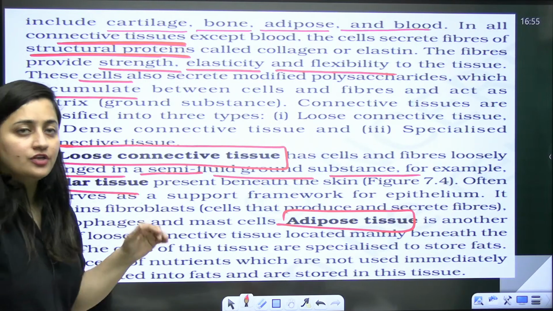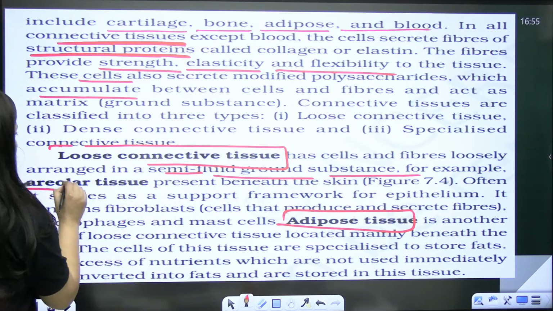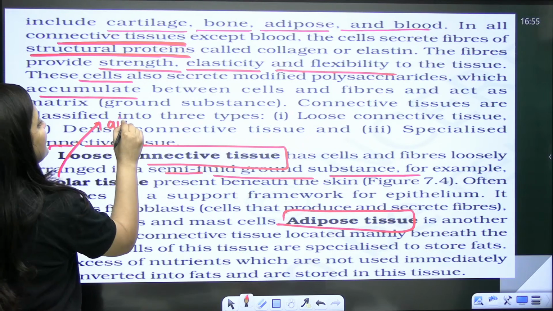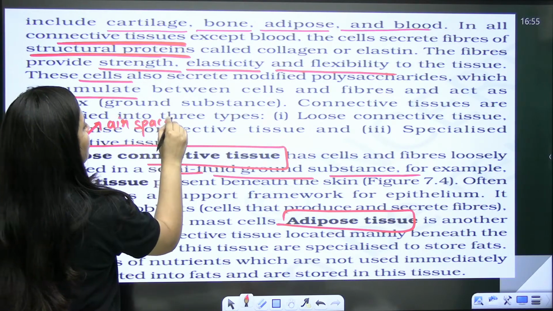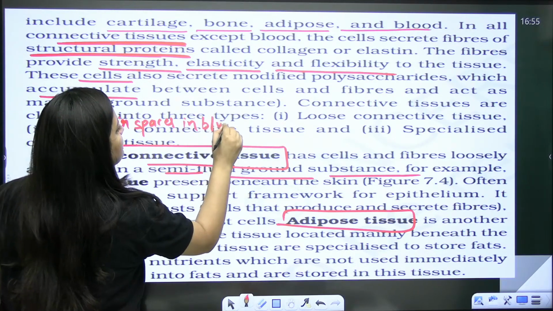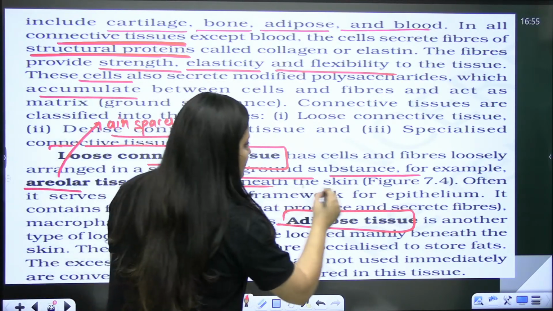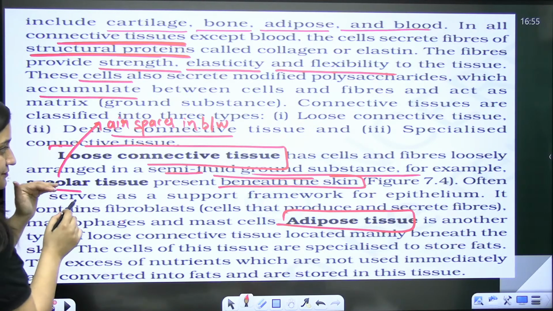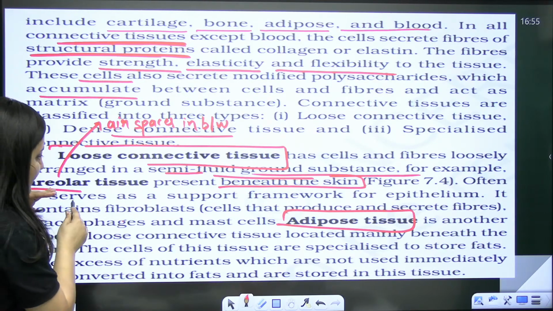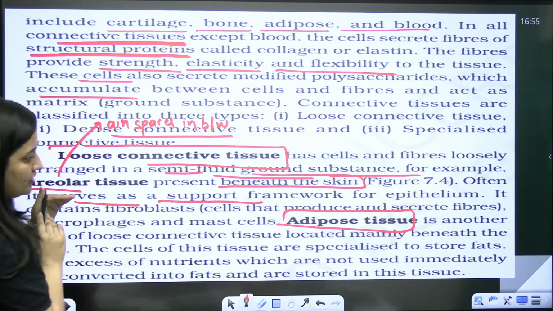Your areolar tissue, always remember, has air spaces in between. Air spaces means spaces are present in the areolar tissue. It is present beneath the skin, and it also acts as a support framework for the epithelium.